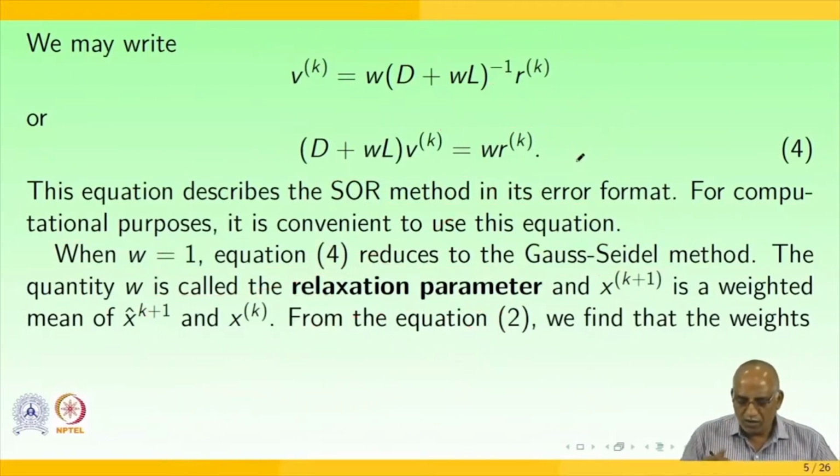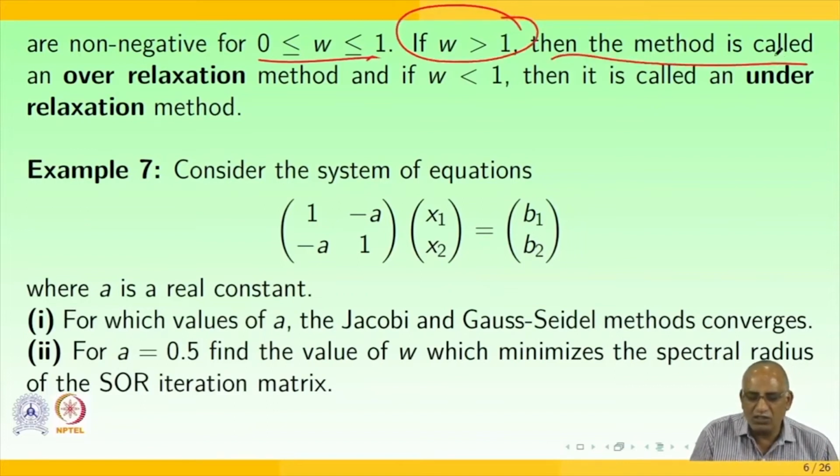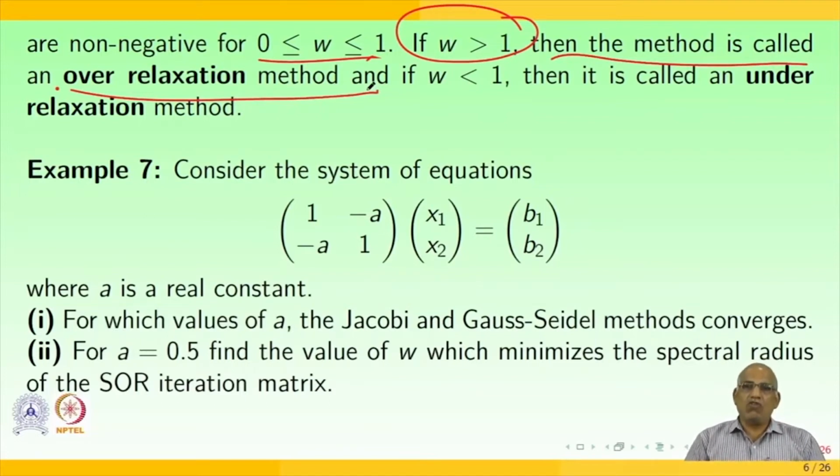Now, using this, we can write the updated approximation. When 0 is less than w less than 1, if w is greater than 1, then the method is called the over relaxation method.